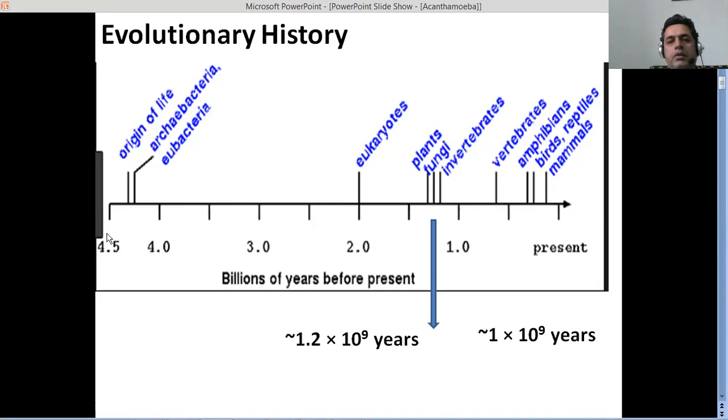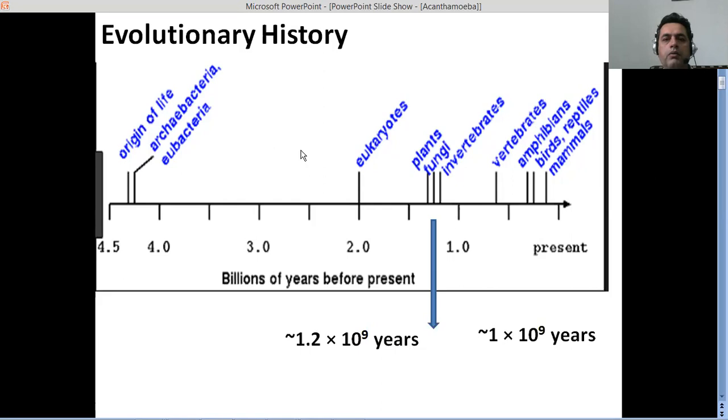The Earth appeared about 4.5 billion years ago as a result of the Big Bang, and then there was origin of life between 4 and 4.5 billion years ago in the form of algae, bacteria, which appeared on the surface of Earth, and there were different events. We are not supposed to go into the details of those events. Here, our focus is just the appearance of amoebas or acanthamoebas.